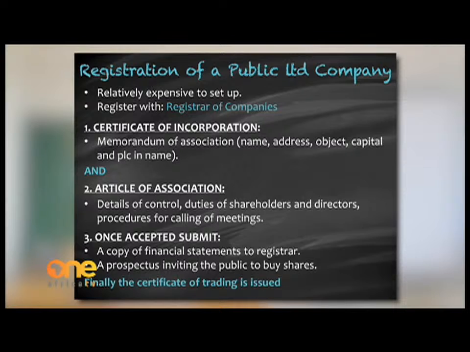Then you must also complete articles of association, the duties of the shareholders, the directors, and when they call meetings and so forth. And once this is accepted by the Register of Companies, you must also hand in yearly a copy of your financial statements, not only to the receiver of revenue or the Inland Revenue Office, you must also hand it to the Register of Companies.